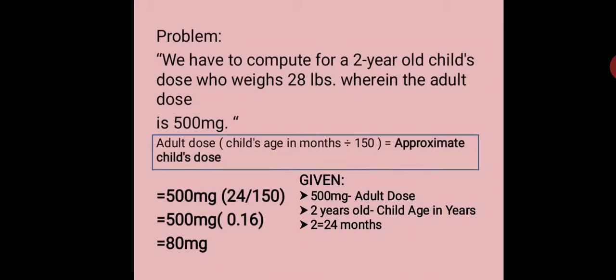So, according kay Fred's, ang edad daw na bata na 2 years old, nag-weight ng 28 pounds, ang kanyang approximate child dose is 80 milligrams. So, yun daw yung dose na ipapainom natin or the dosage ng medicine na ipapainom natin sa bata according kay Fred's.